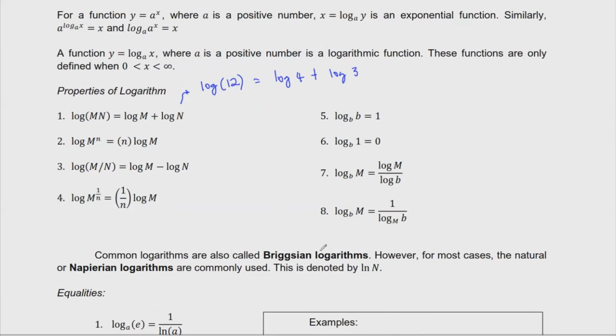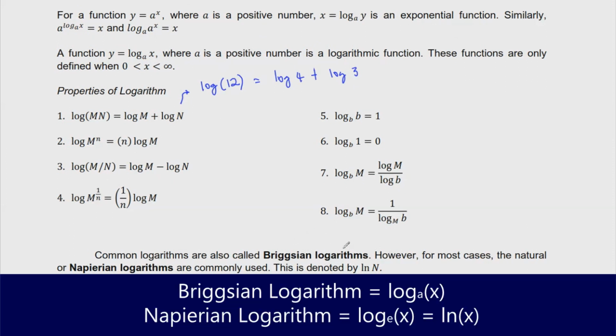Now, when I talk about logarithms, there are actually 2 types, described at this portion. When I say log, just log of 12 without any base, I'm talking about the common logarithm, known as the Briggsian logarithm. So this is basically log base 10. For other cases, we have the natural logarithm, also called the Naperian logarithm, which is more commonly used, and it's denoted by ln of that number.